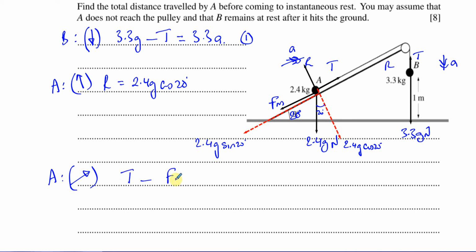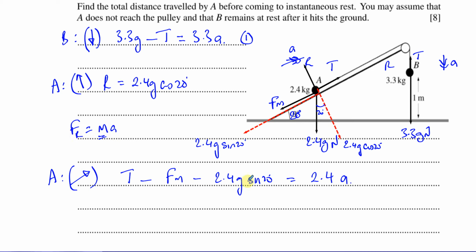So 2.4 times A. Remember, we don't say the upward forces equal the downward forces this time, because now it's not in equilibrium, it's moving. So we're using F equals ma: the resultant force equals the mass times acceleration. Now let's put in what F max is.